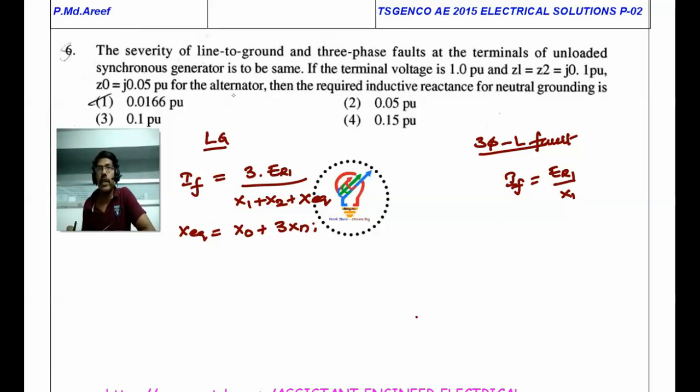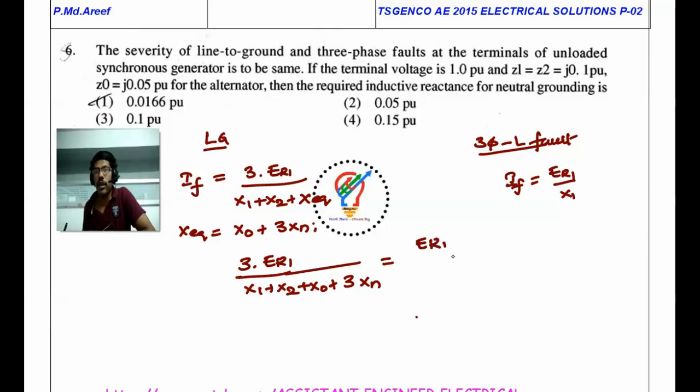Now in the given problem, this IF and this IF are both equal. That is 3 ER1 divided by X1 plus X2 plus X0 plus 3Xn, which is equal to ER1 by X1. From this ER1 gets cancelled and we substitute the values of X1, X2 and X0. X1 is equal to X2.